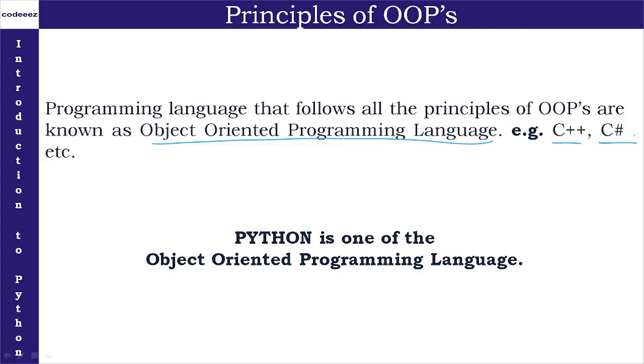And the language that we are going to learn, Python, is also an object-oriented programming language. Of course, Python also makes use of procedural-oriented programming. That is, Python follows both principles, POP as well as OOPS. So whatever we were able to do in POP, that is procedural oriented programming, can also be done in Python. And of course, the object-oriented paradigm is also implemented in Python, right?